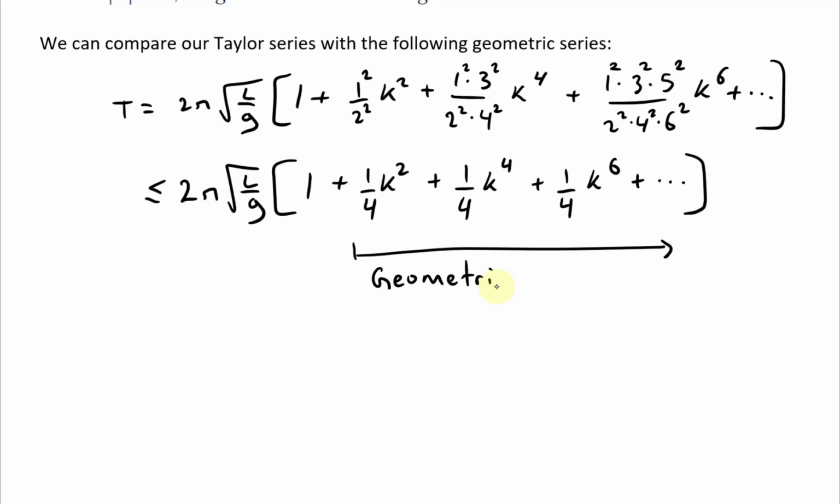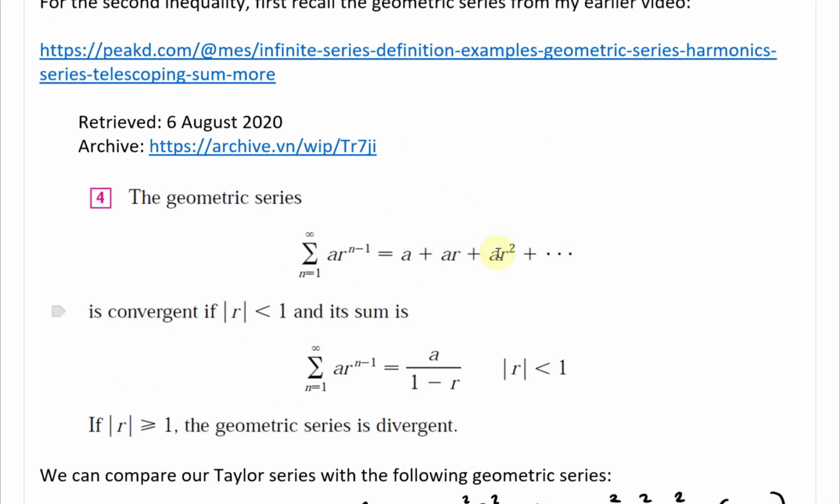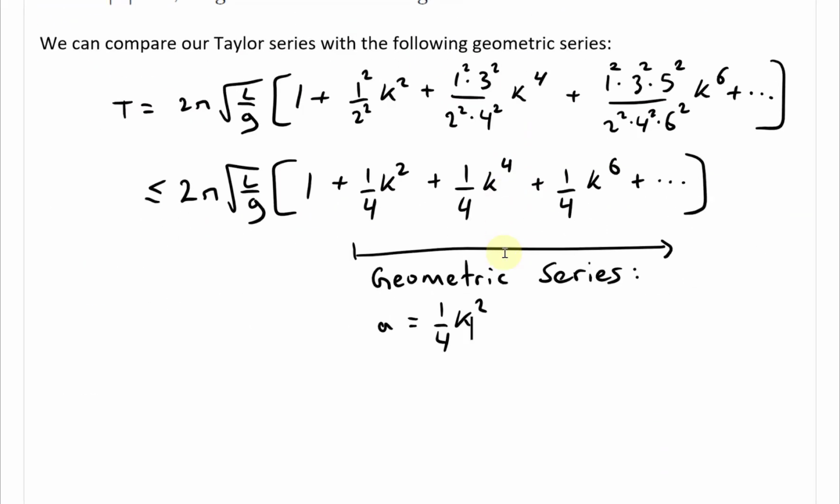The starting term a is equal to 1 over 4 k squared, because you always have this 1 over 4 k squared in every single term, but the powers just go up by k squared. So r is going to be k squared, then k to the 4, etc. So our r is equal to k squared.